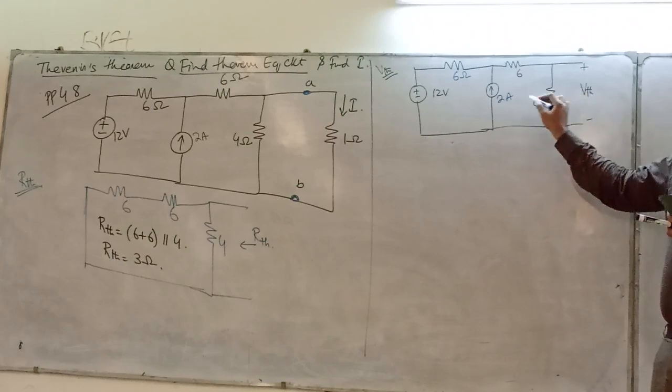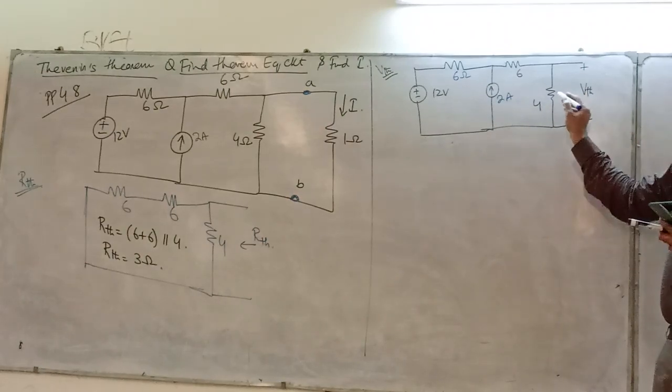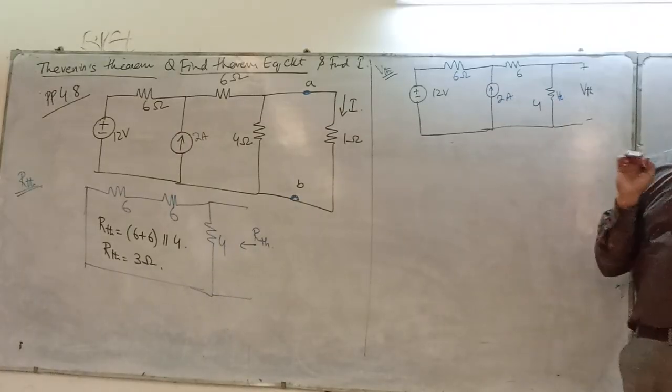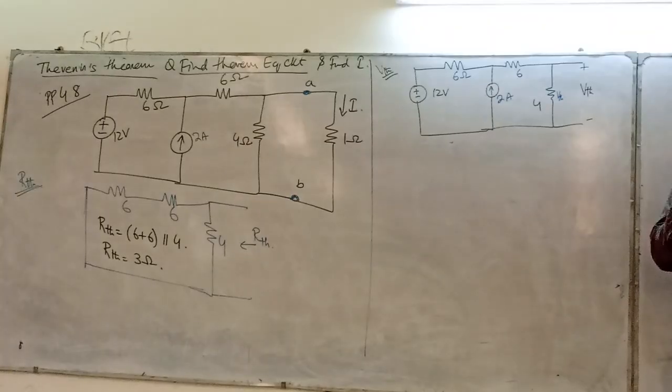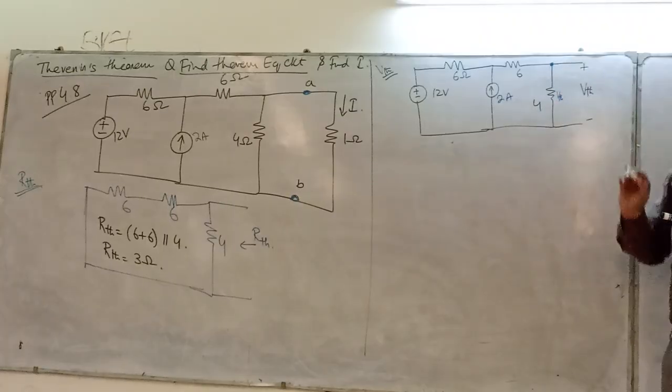Where is Thevenin? Look for the parallel resistor. If there is, very easy. So, example, this voltage will be the Thevenin. So we need to find out 4 ohms voltage or the load.